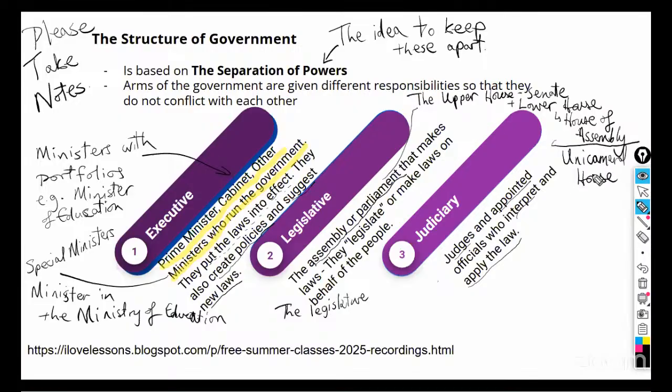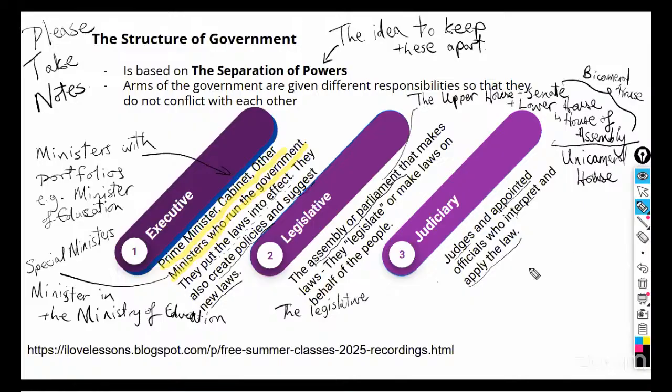Probably because the population is smaller and there are not enough representatives for the two. So the upper house, instead of a full house, might be like a council. And, right? This is a bicameral house, meaning that you have an upper house and a lower house. Or maybe the budget is constrained, so there's a unicameral house.